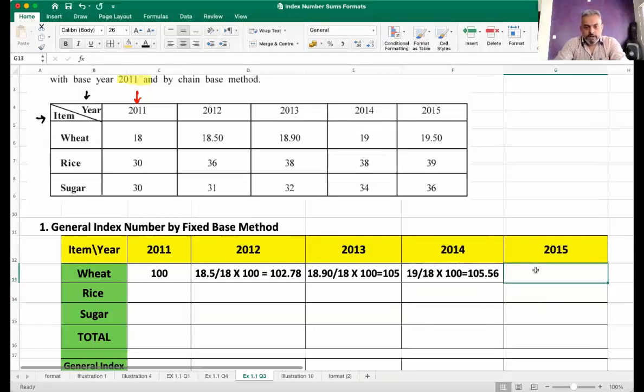And then 19.50 divided by 18 into 100, which is equal to 108.33.